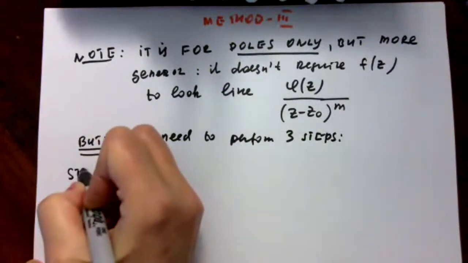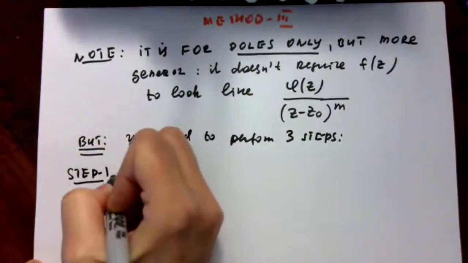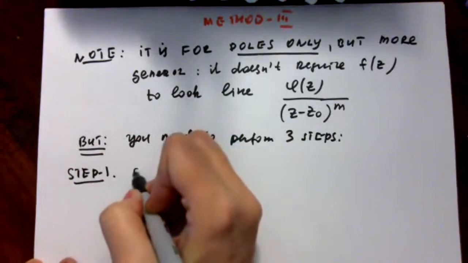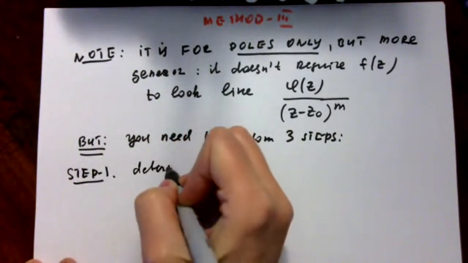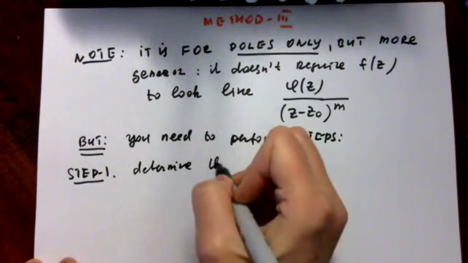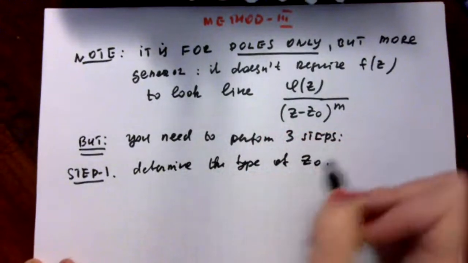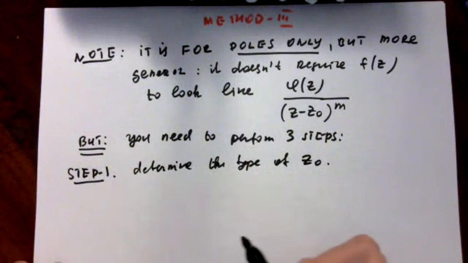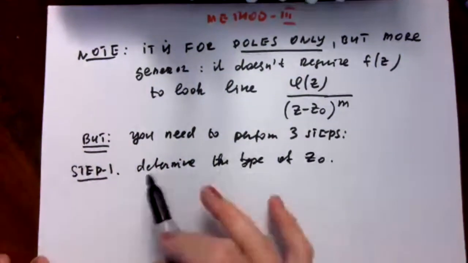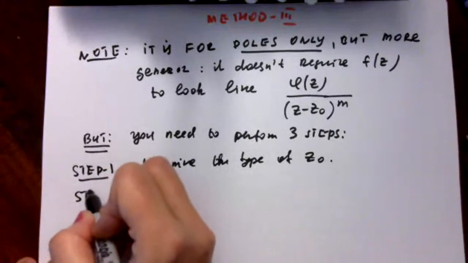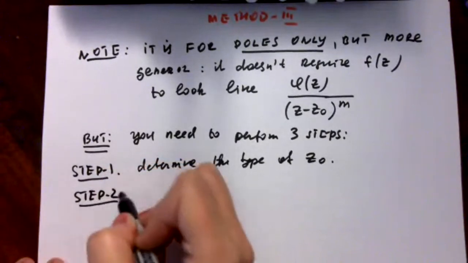Okay, step one: determine the type of singularity. Let's denote it as z0 as usual. How can it be done without expanding into Laurent series? That's a question we are going to discuss right now. But let me outline these 3 steps for you first.